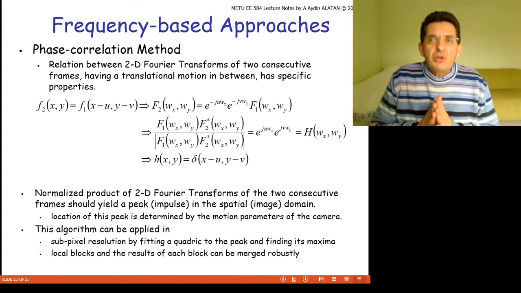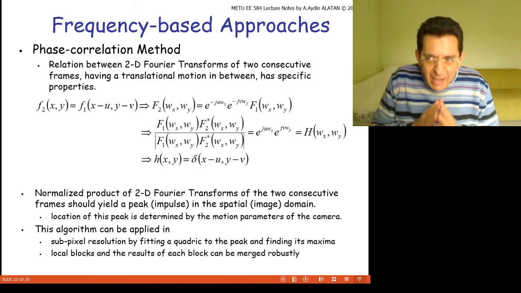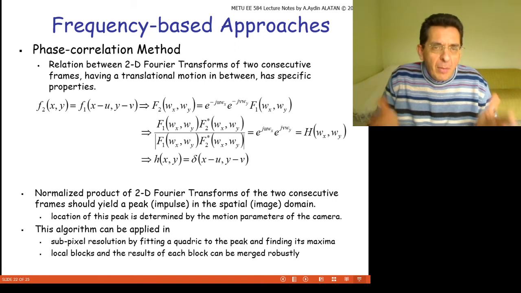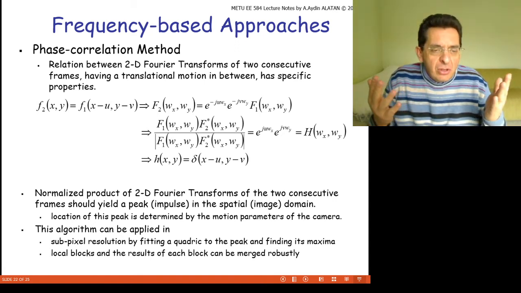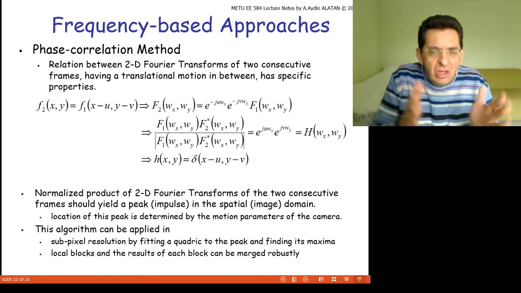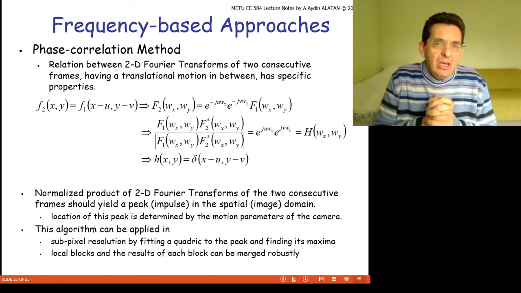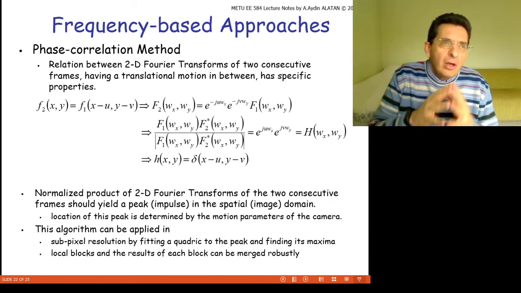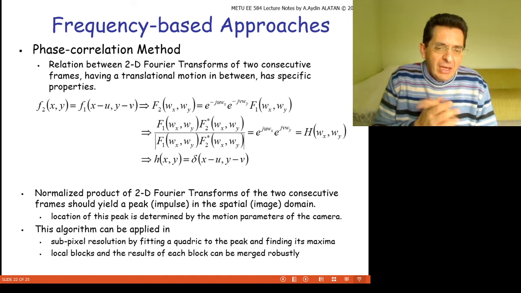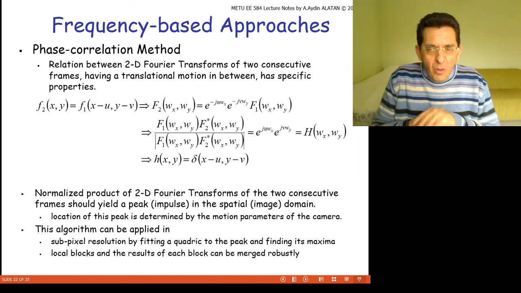And please also note one more thing. You can apply this idea not to the whole image, but you can divide your image into local blocks and individually apply this to individual blocks, so that local motion information can also be estimated robustly.